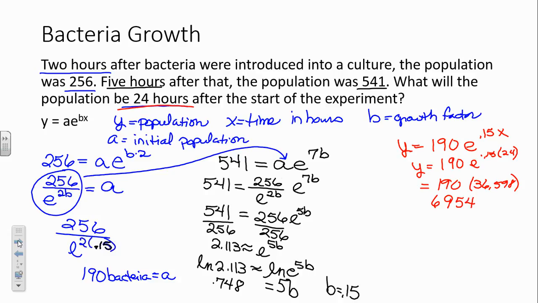That should be 36.598. Or at least that's what I got when I did e to the 0.15 times 24. Okay?